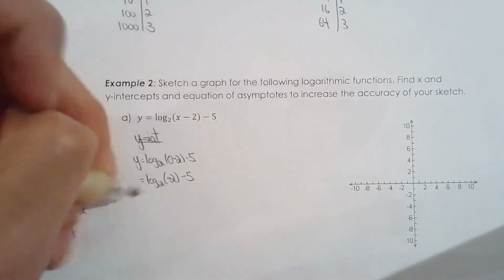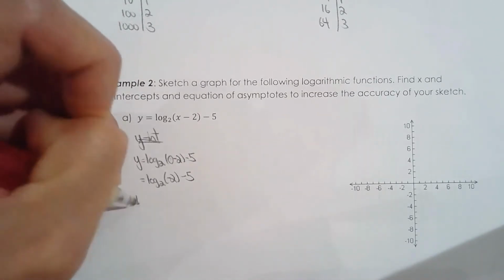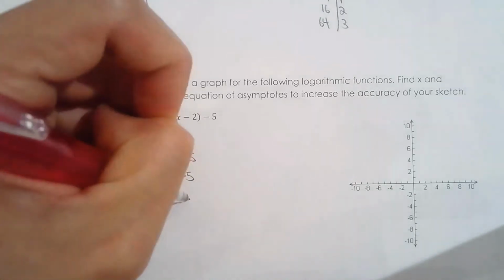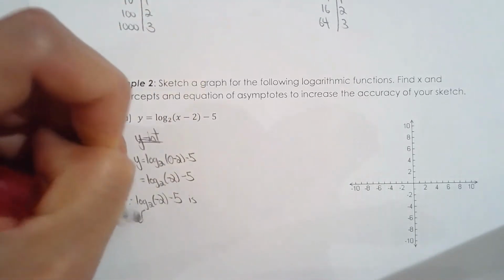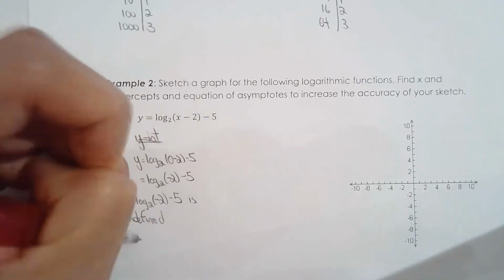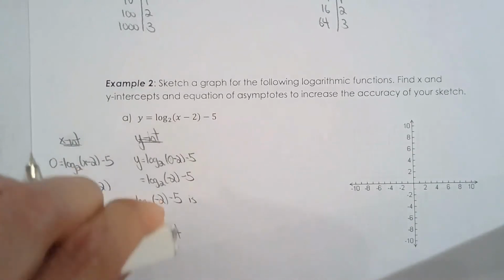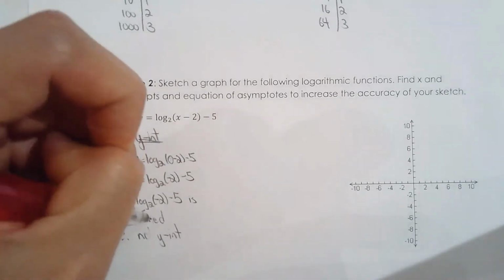It has to be greater than 0. So since log base 2 of negative 2 minus 5 is undefined, then we can say no y-intercept.